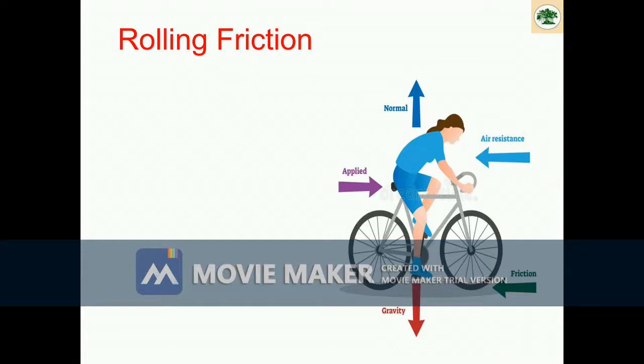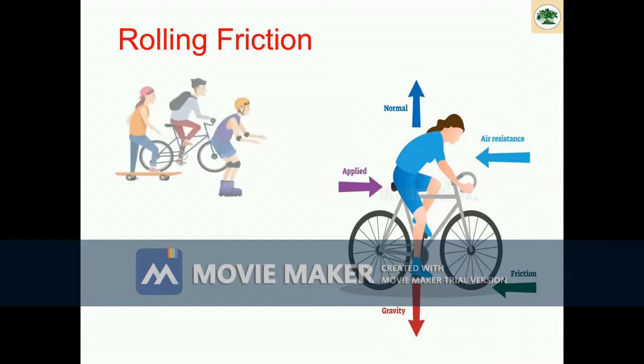It is the applied force, and there is a frictional force where the wheels of the cycle and the road surface are in contact. At that point there is a force of friction. There is another force also represented here, that is the air resistance.